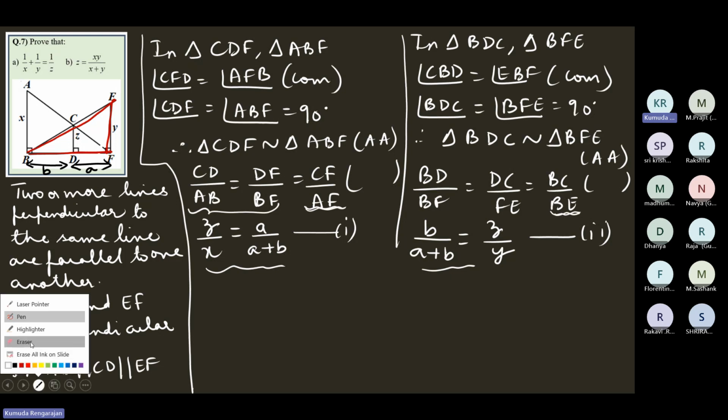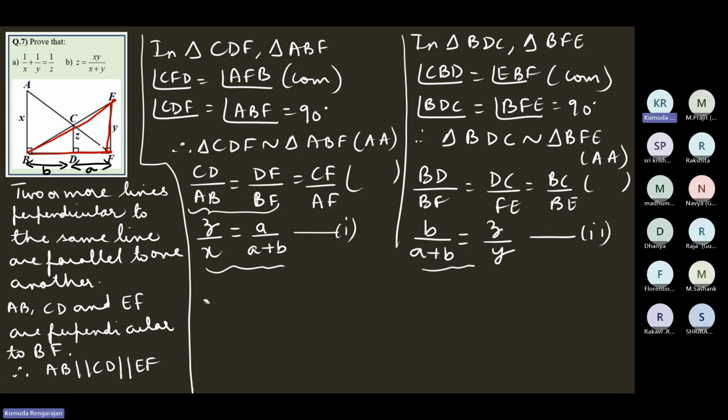And one more thing: how do you identify which to take and which to ignore? In this figure, you can see that BF is common to both the sets of triangles.